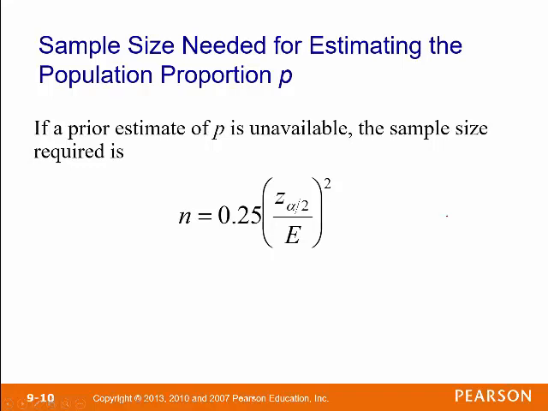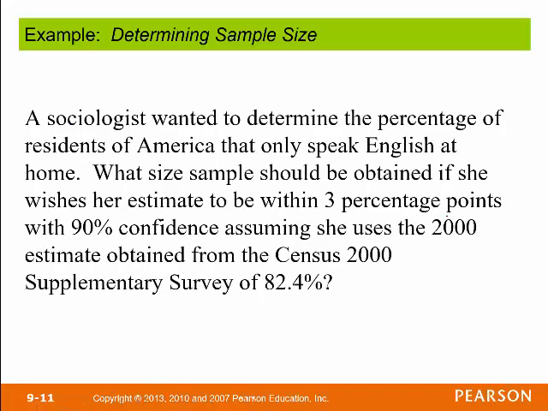Okay, so let's do an example of both of these. A sociologist wanted to determine the percentage of residents of America that only speak English at home, so it's not a bilingual household. What sample size would be obtained if she wishes to estimate to be within 3 percentage points? That's the margin of error she wants, and we have to change it to a decimal.